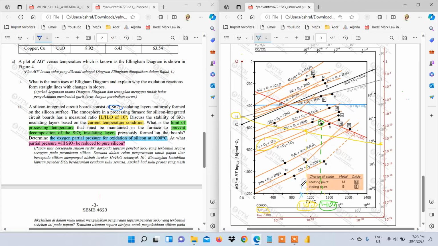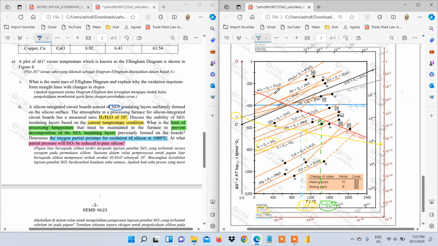Then we just extrapolate it until we intersect with our silicon oxide slope, which is right here. And then they want the partial pressure. So partial pressure is this part down here, the red one. The red one needs to refer to the O right here, also red color.